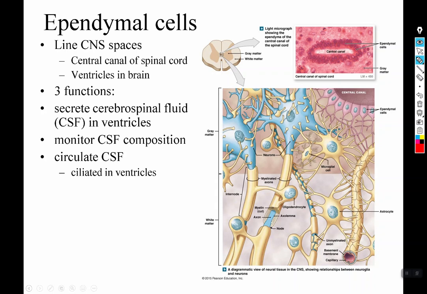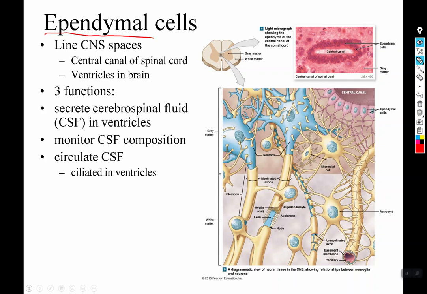Okay, so these cells are going to line ependymal cells specifically. Some people pronounce them epidymal cells with the emphasis on the di, but ependymal cells is more common. Again, it doesn't matter how you say it as long as you can spell it correctly. Regardless, these are going to line the fluid-filled spaces in the central nervous system.